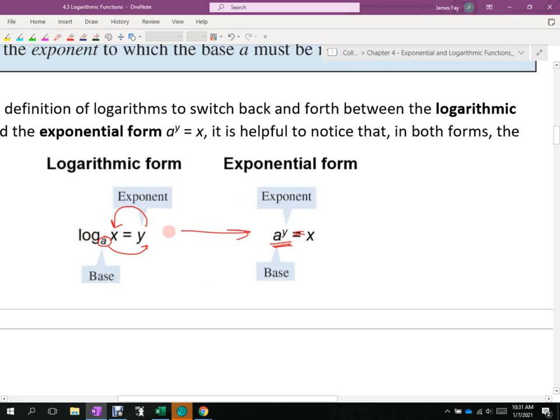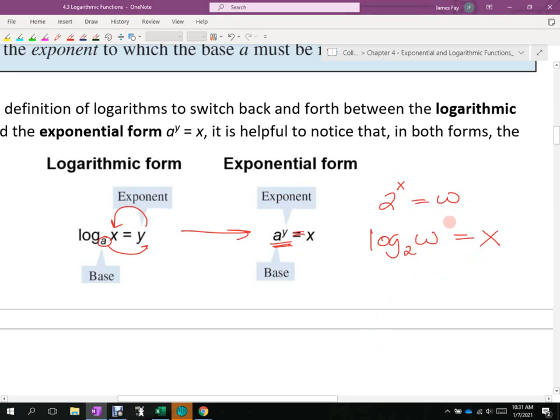Okay, and if I can do it that way, then it takes maybe a little bit longer, a little bit more thought to undo it. So if I have like 2 to the x equals w, well, I know that's my base, so when I write the logarithm, that's my base, okay? This is my exponent, so that's actually going to be over here, and then I put w there.